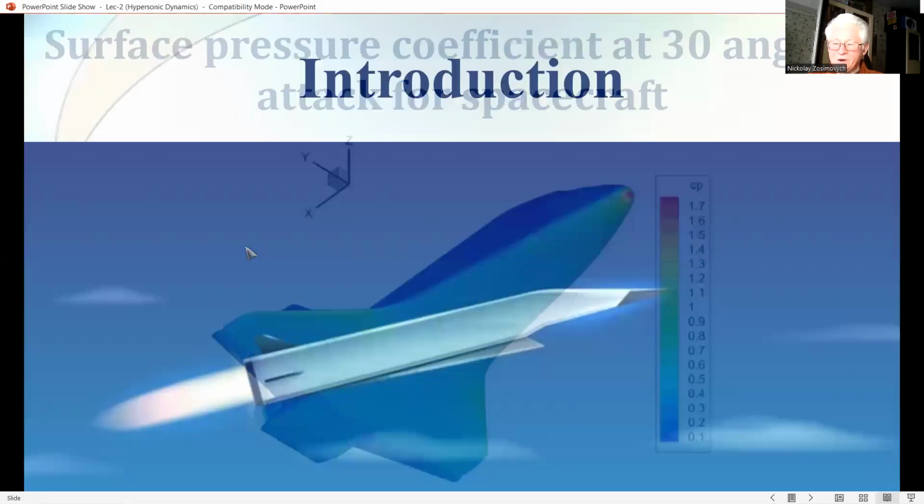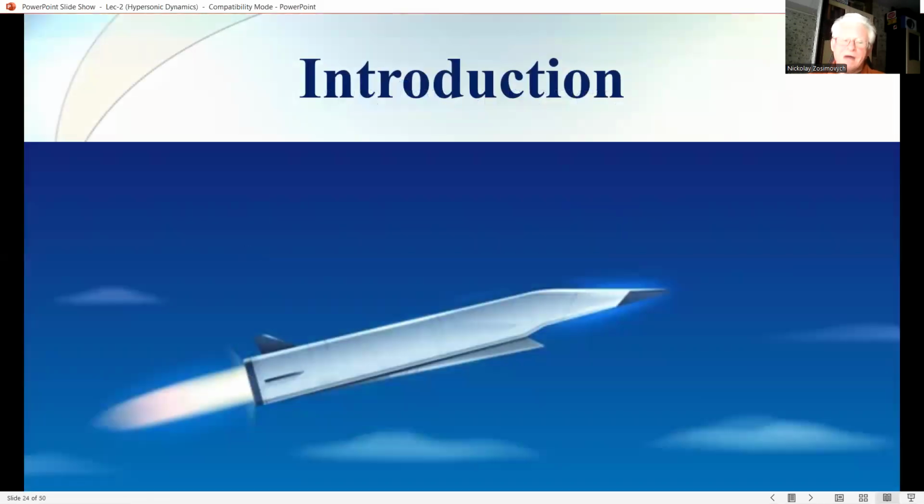Let's start with the introduction. Hypersonic flow is inherently non-linear. This is intuitively obvious when we think of the important physical aspects of hypersonic flow discussed in the first lecture: aspects such as high temperature, chemically reacting flow, viscous interaction, entropy layers, etc. It is hard to imagine that such complex phenomena could be described by simple linear relations.